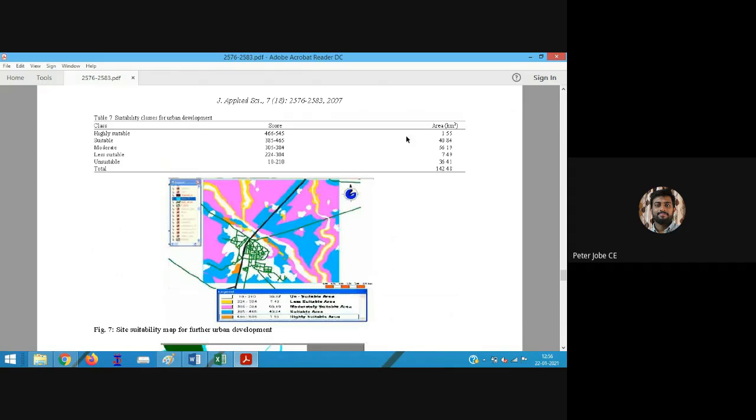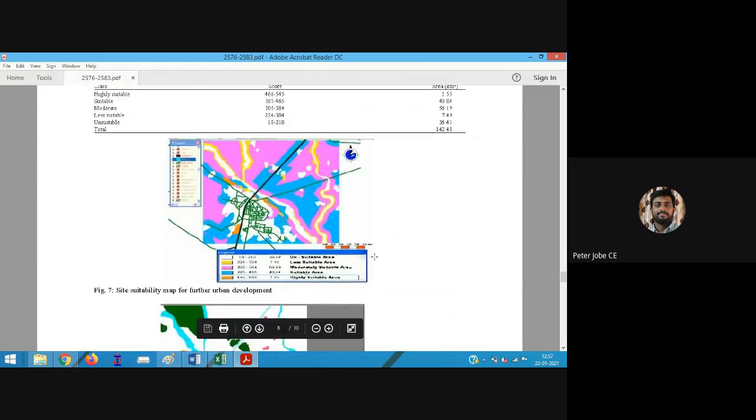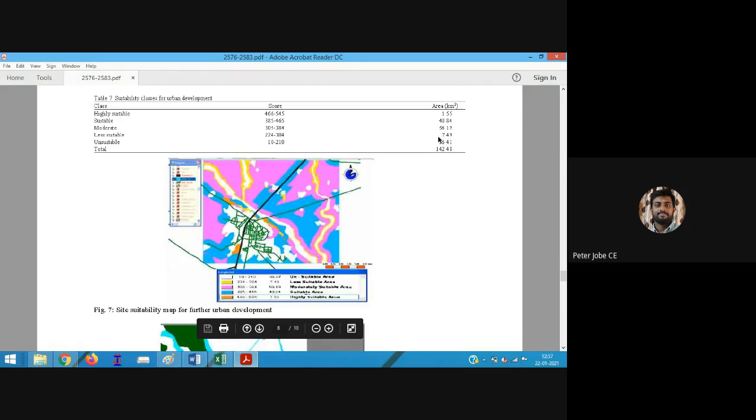Each will have different scores, and they have defined how much area is available for each. For highly suitable area, it's just 155 square kilometers that is categorized as highly suitable for urban development, and unsuitable area is categorized as 36.4.